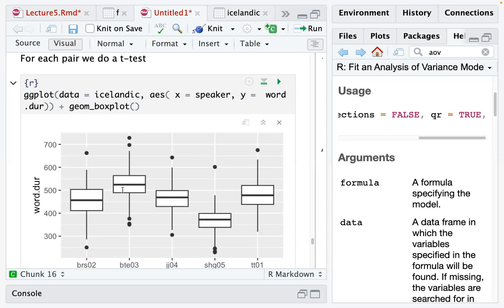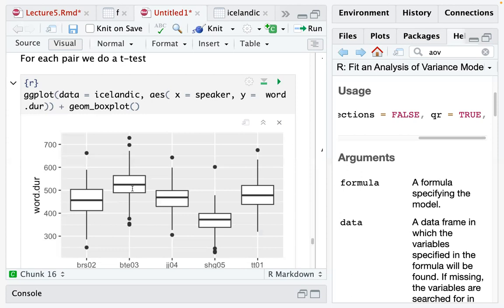So if the difference between the means is bigger than the difference within each group, then this is a better argument in favor of the alternative hypothesis.